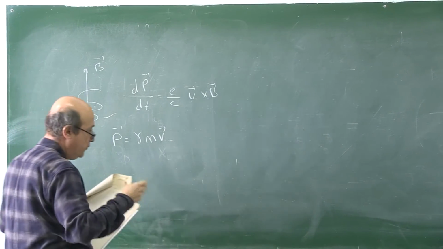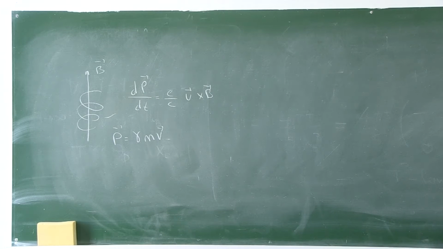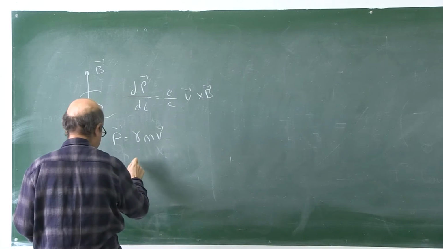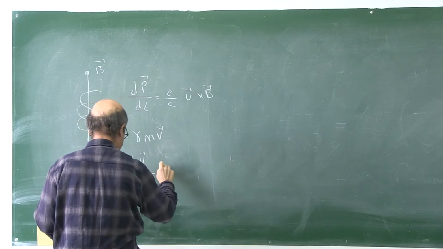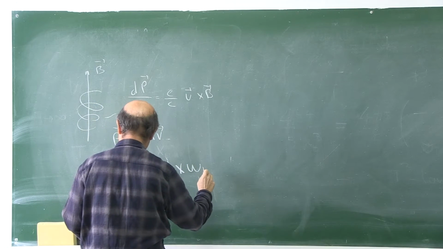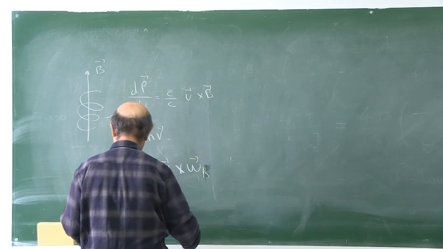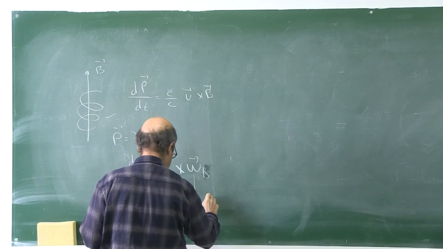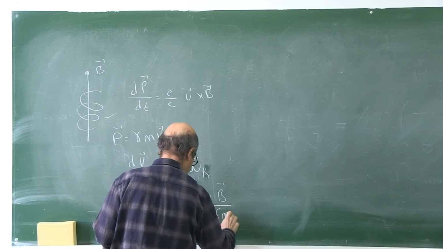But if it is in the uniform magnetic field, the speed will be constant, and you can write the rate of change of the velocity in time as v cross omega_B. Omega_B is the gyration frequency, where this is eB over gamma mc.